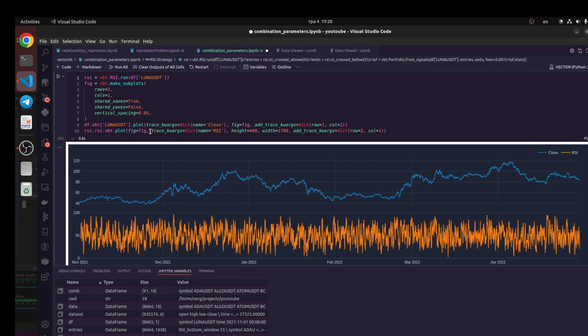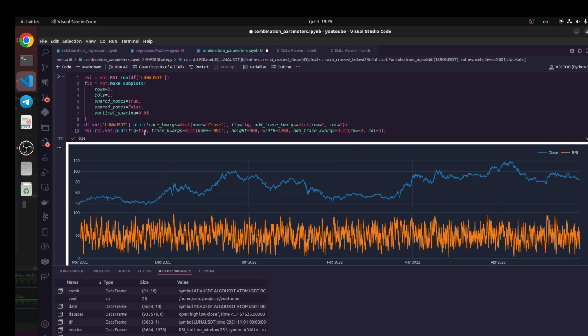I would like to do the same for RCI. You see this object, RCI, and in this object we also have an RCI object, which would be a data frame with the RCI data. Using this pandas data frame we can call the vectorbt object, and from this object we can plot these parameters.